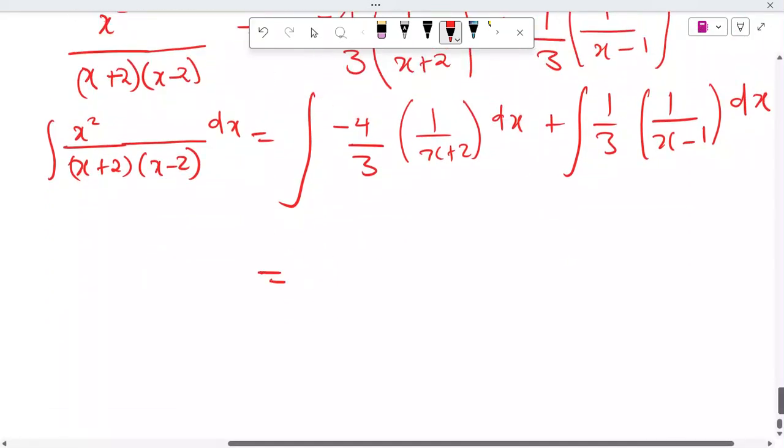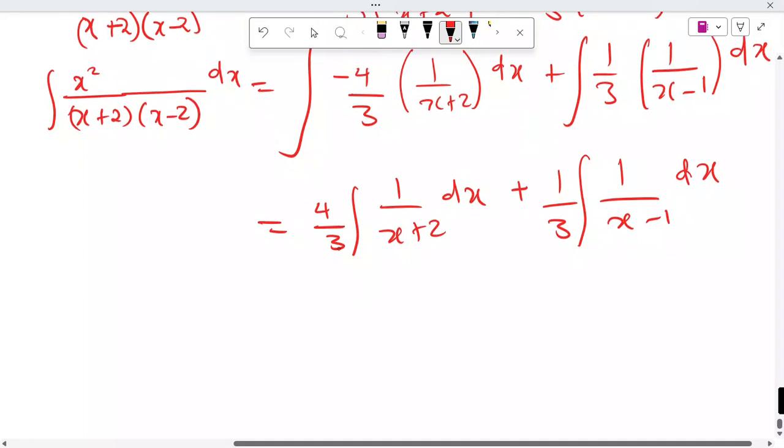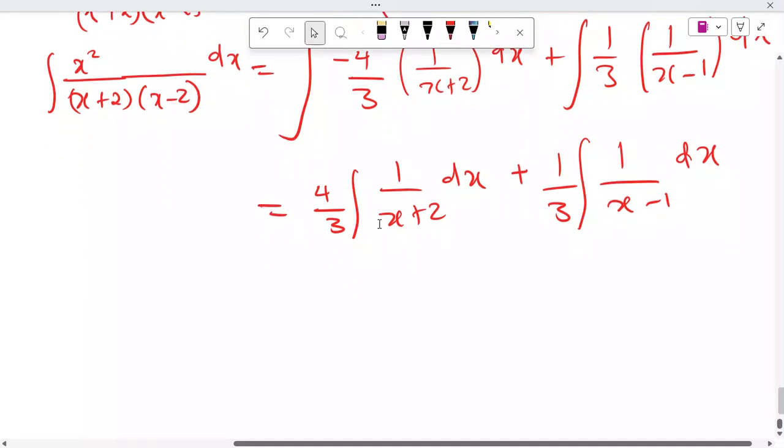This is the same as, the constant can come out, 4 over 3, 1 over x plus 2 dx, and also plus 1 over 3, 1 over x minus 1 dx. Okay, so we know integrating 1 over a linear function is ln of that function.